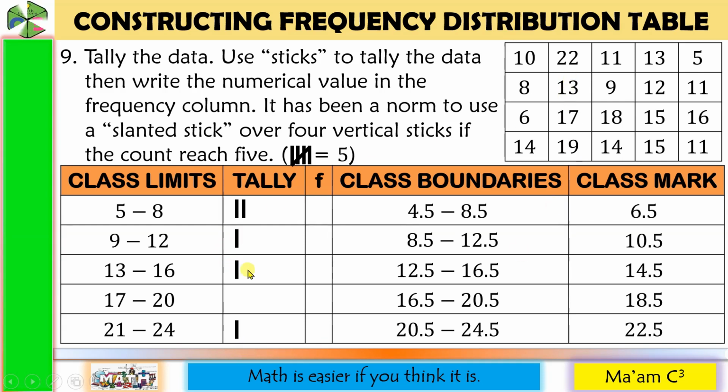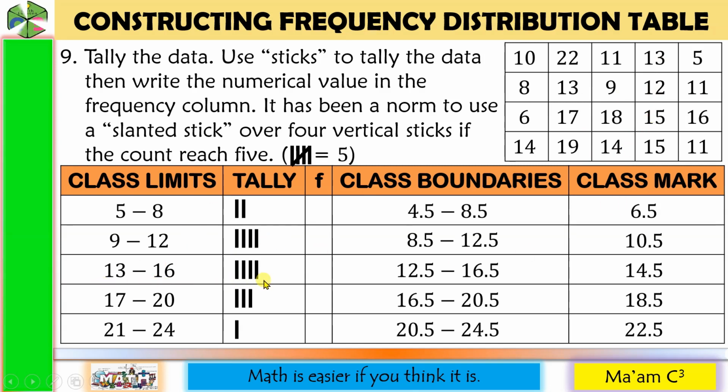Then we have 13. It belongs here. 17. It belongs here. 19 also here. 11. We have it here. And then we have 9 also here. And then 18 we have here. 14 here. 13 also here, 12 here, 15 belongs here.